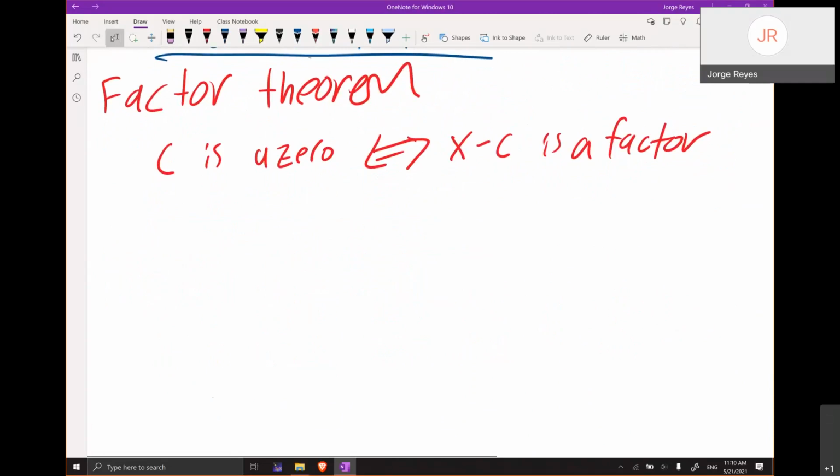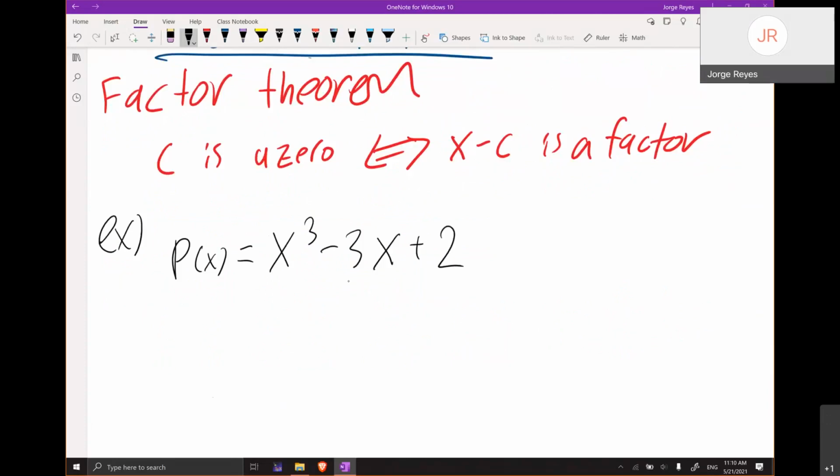All right, let's see if we could do another example. Now I can ask you questions like this, and this is really the next section, but let me just use the power of synthetic division. If I have this thing and I want you to tell me what P of x's zeros are, well, you can't factor it, and it's not a special formula, so you're kind of stuck.